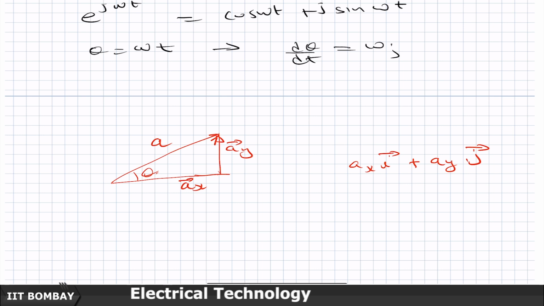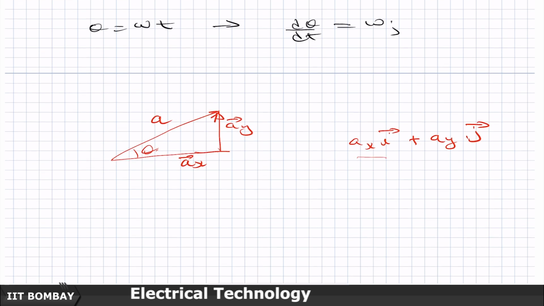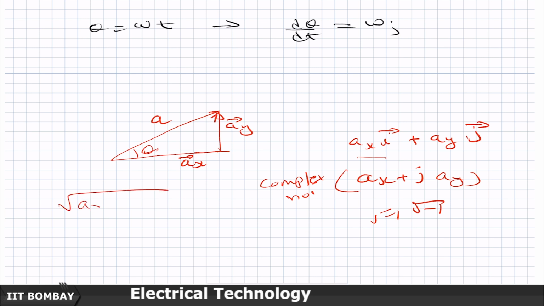Now, in our case this vector has become ax plus j, where j is the square root of minus 1, times ay, and so this is just a complex number. So, a vector is effectively a complex number. Its real part is its projection on the x axis, its imaginary part is its projection on the y axis, and the value of the vector is the square root of ax square plus ay square. This is the magnitude of the vector.